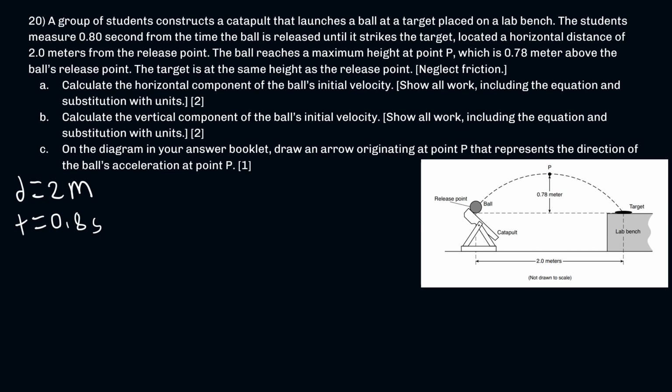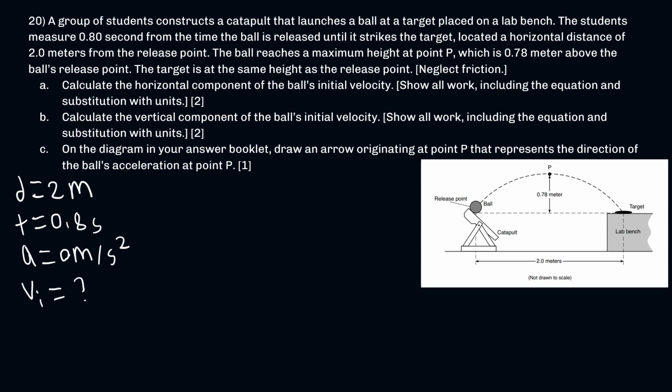One other thing I know in the horizontal is that my acceleration is 0 meters per second squared, and I'm trying to find VI, the initial velocity.